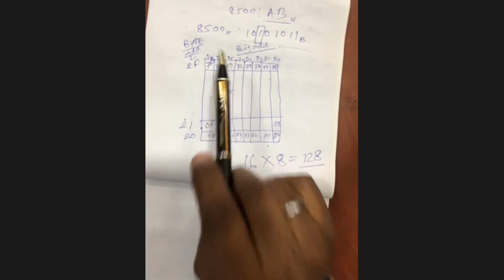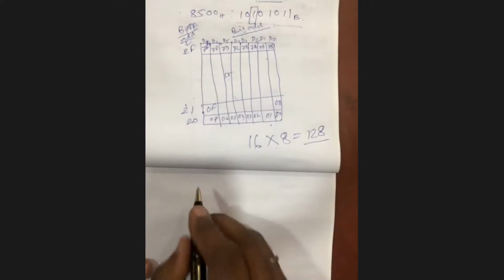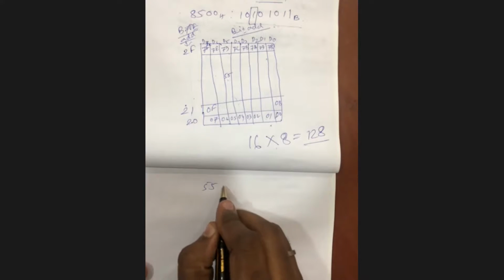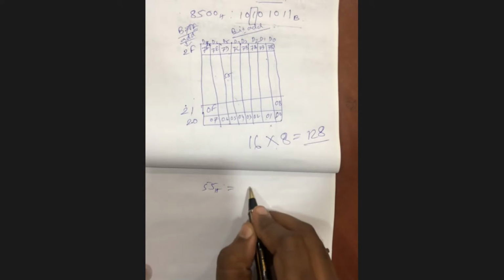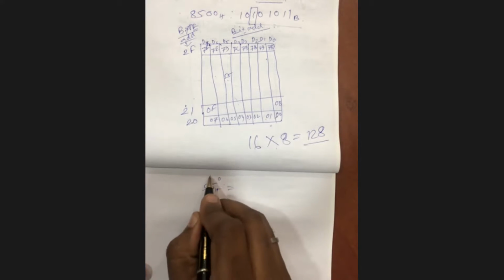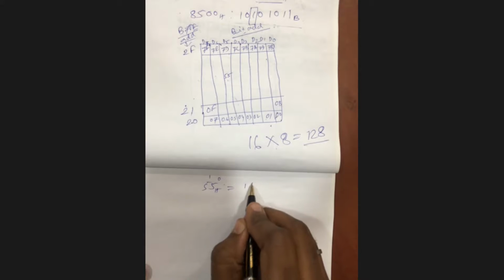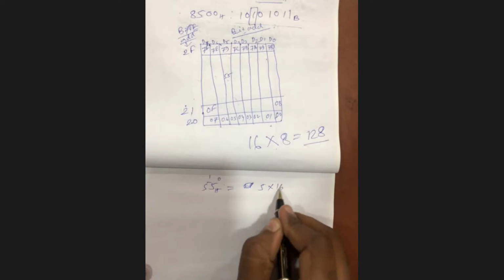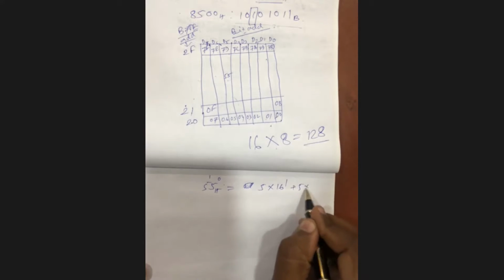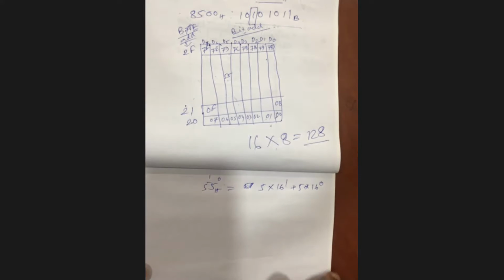Sir, how will it be done? First convert 55 into decimal: 5 into 16 to the power 1 plus 5 into 16 to the power 0.